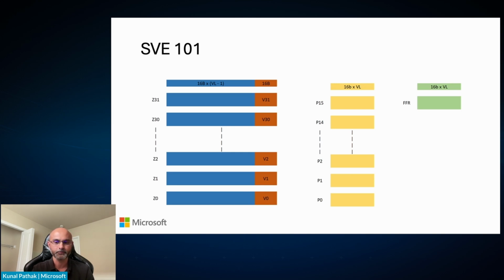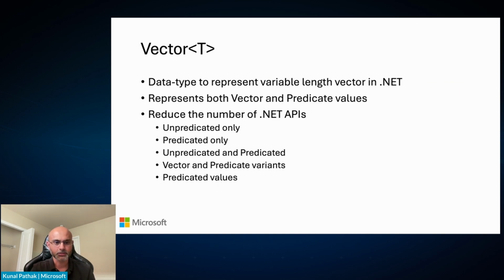So what we did was, we have a Vector<T> data type in .NET already, which was meant to be used for this purpose, where if you have a variable length vector, we represent that using Vector<T>. And we reuse that Vector<T> for the SVE implementation. We use that for representing both vector and predicate values.